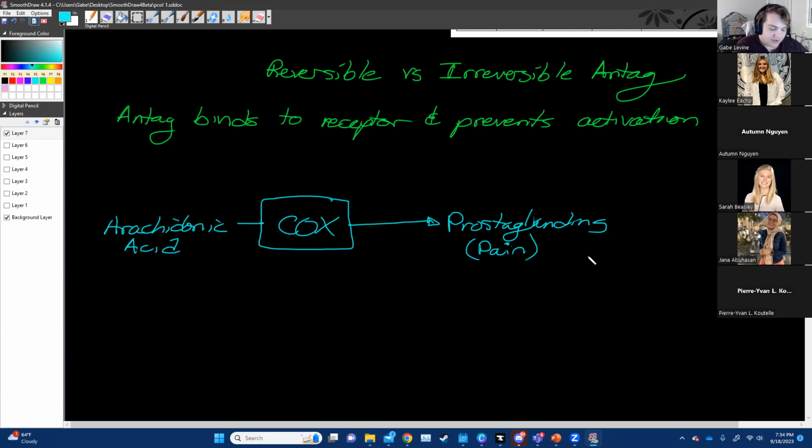So if the COX enzyme is working and you hurt yourself, then you will be in pain. What we can do is administer an NSAID, which comes in and inhibits the COX enzyme. So it works as an antagonist.